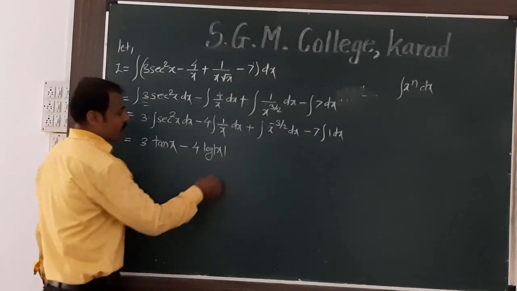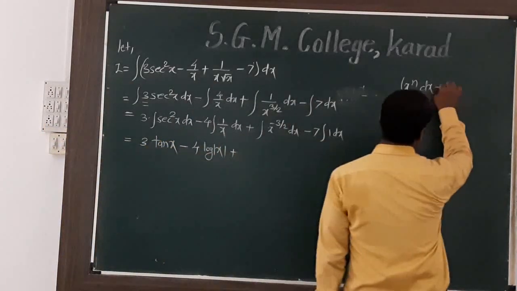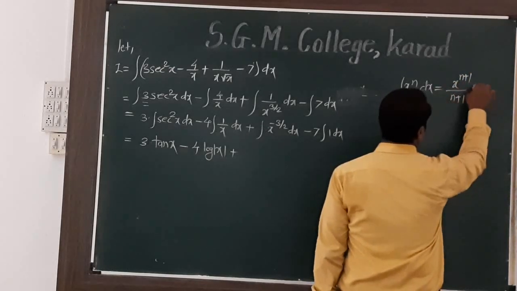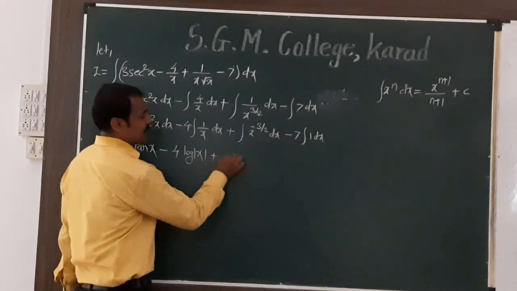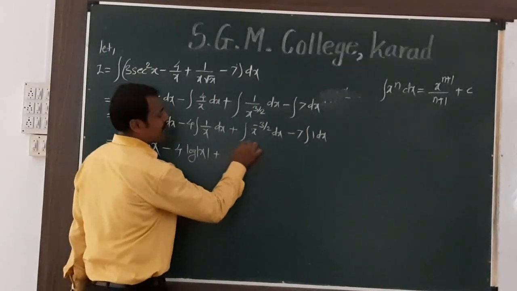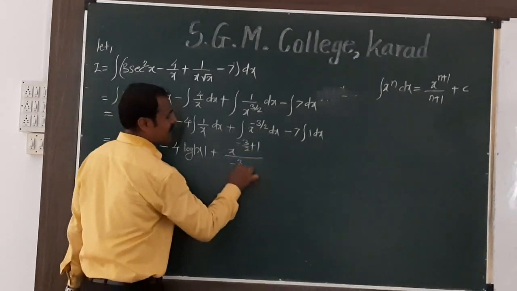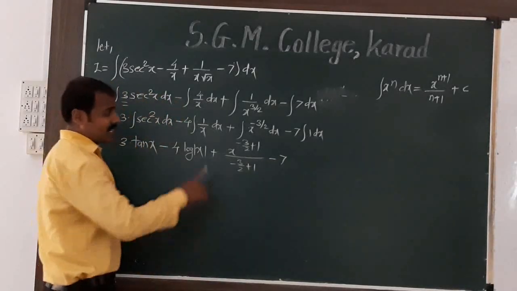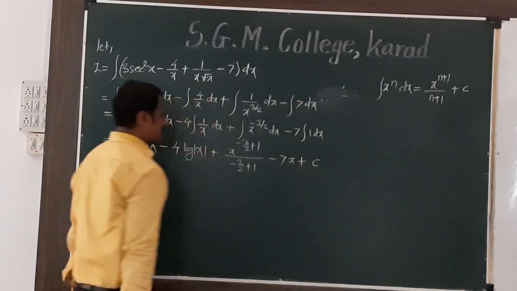Plus, integration of x raised to n dx is equal to x raised to n plus 1 upon n plus 1 plus the constant of integration c. So it becomes x raised to minus 3 by 2 plus 1 divided by minus 3 by 2 plus 1, minus 7 into integration of 1, which is x, plus the constant of integration c.